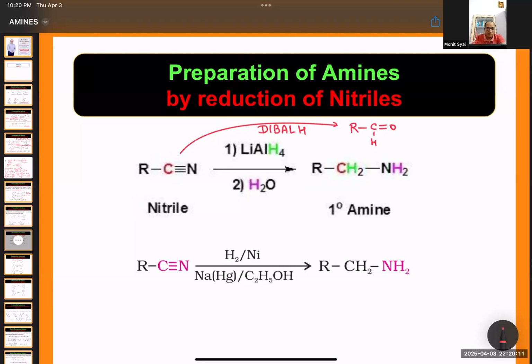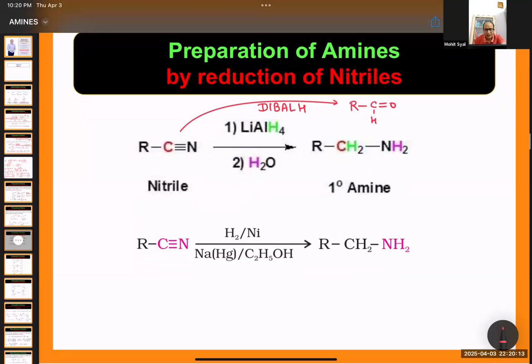Got it? You can also use catalytic hydrogenation reaction, H2/Ni. Nickel is a very reactive reducing agent in the presence of heat and pressure. Or you can use sodium amalgam and ethanol. Okay, this is Mendius reduction. So they are very, very important.